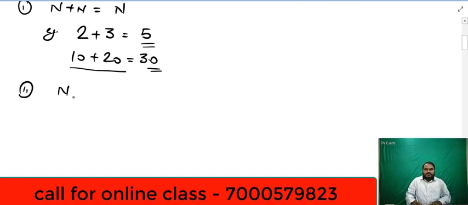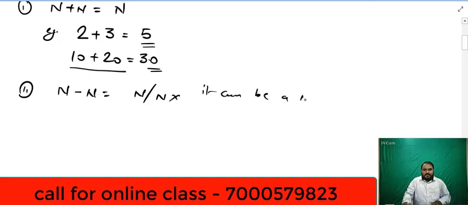Now the second property is that the subtraction of natural numbers can be a natural number or it cannot be a natural number.